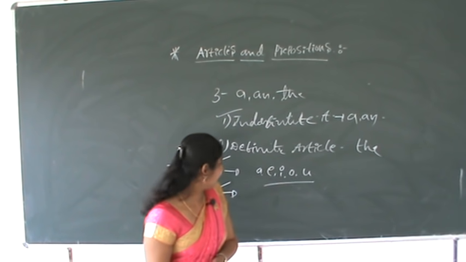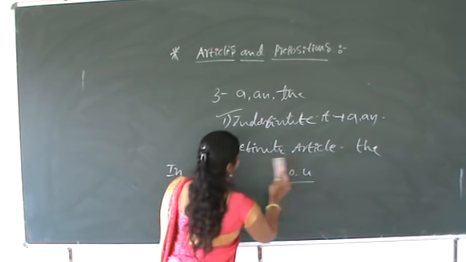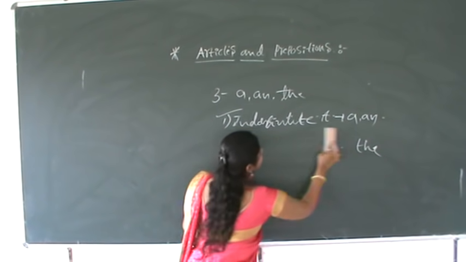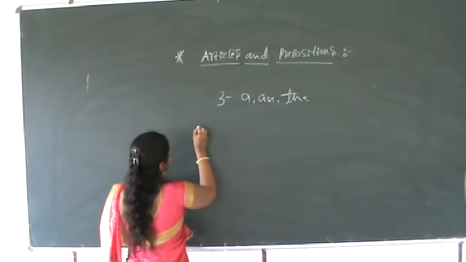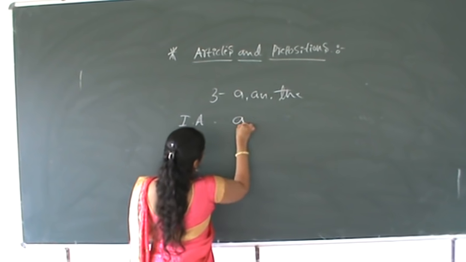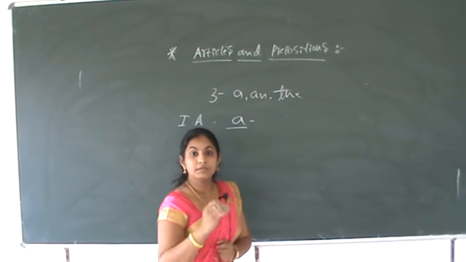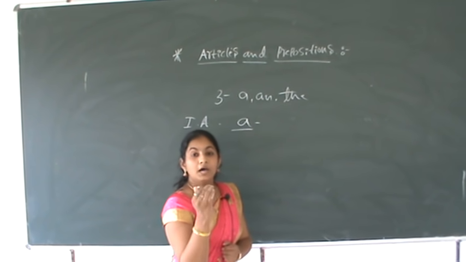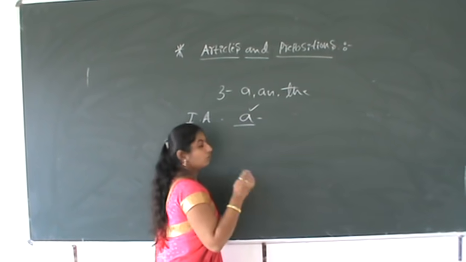So we can take an example here. Indefinite article a is used before, or talks about, the person or the thing which is unknown to the listener. So we use the article a.